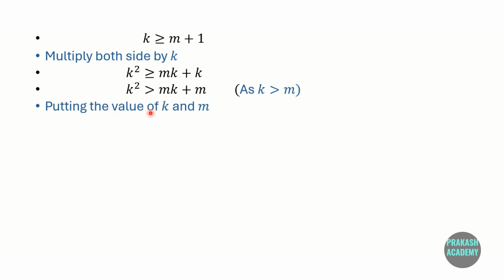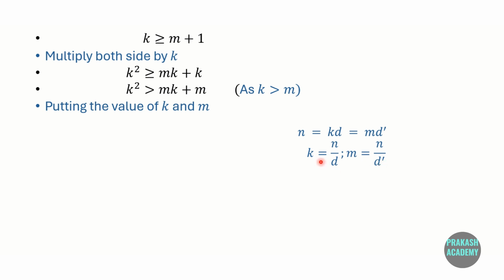Now let us put the value of k and m. If you remember, initially I said n can be written as some number times the divisor d, and some number times divisor d dash. So from here, I can write k is equal to n by d, and m is equal to n by d dash.